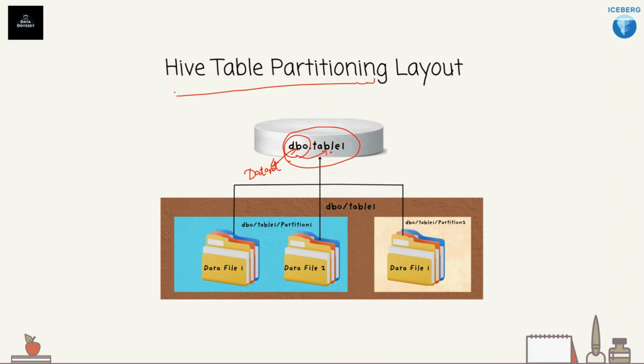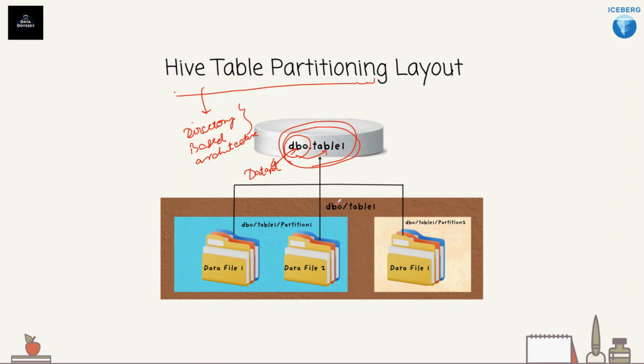All right, now how does Hive work? Hive works on the concept called a directory based architecture. Now what do I mean by a directory based architecture? At the topmost part of the screen, you can see we have dbo.table1.